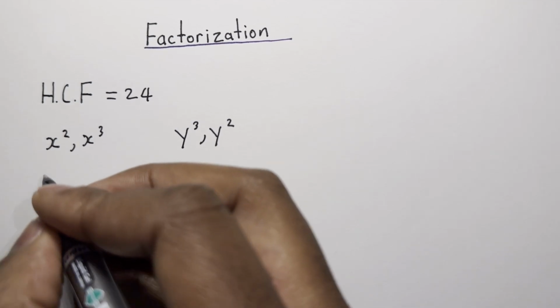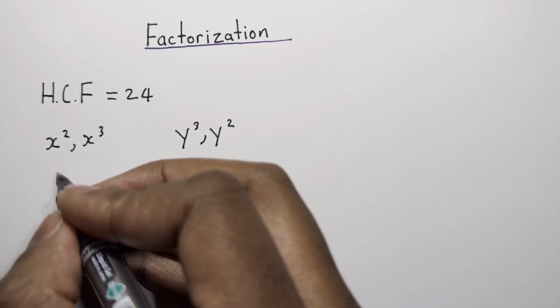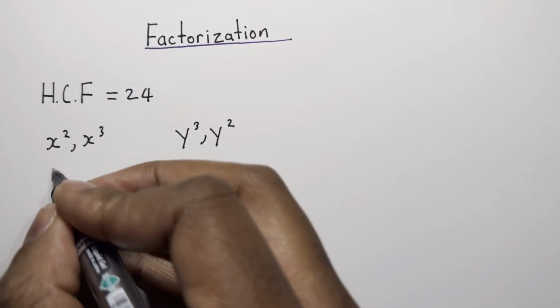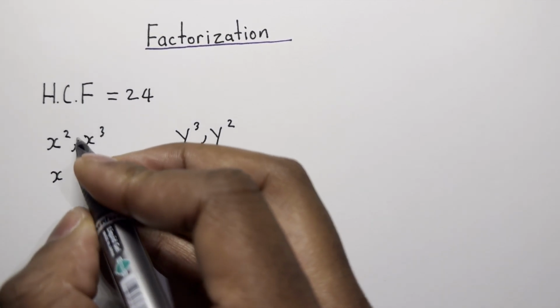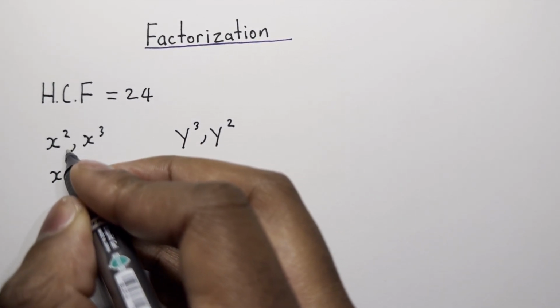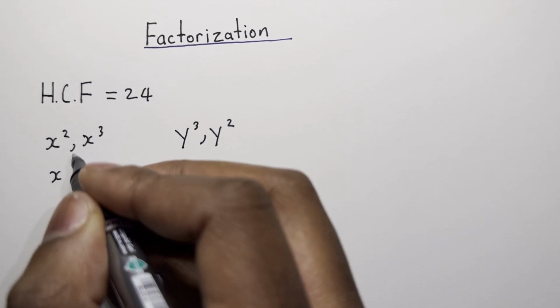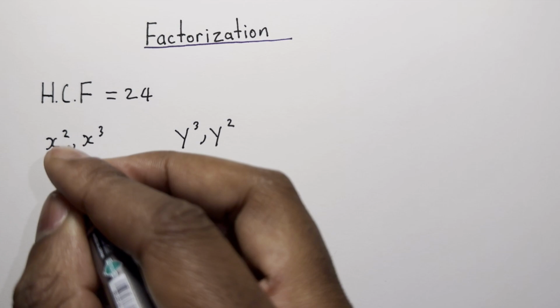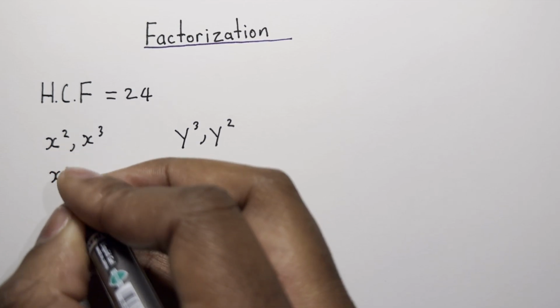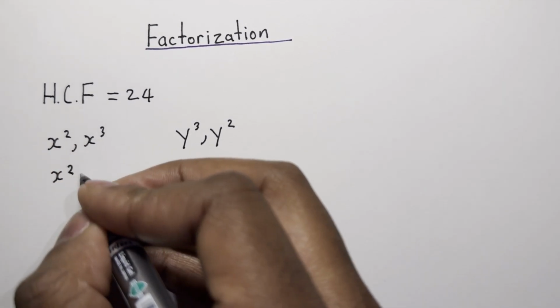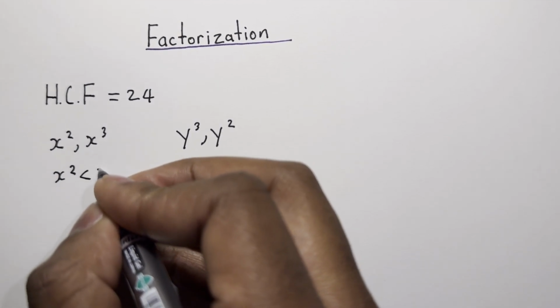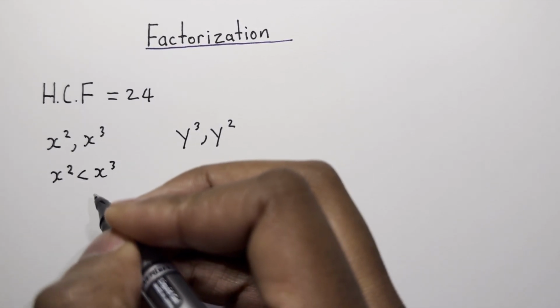So the next thing we're going to do is choose the variable which is lesser. So which is lesser, x squared or x cubed? X squared is less than x cubed. Great.